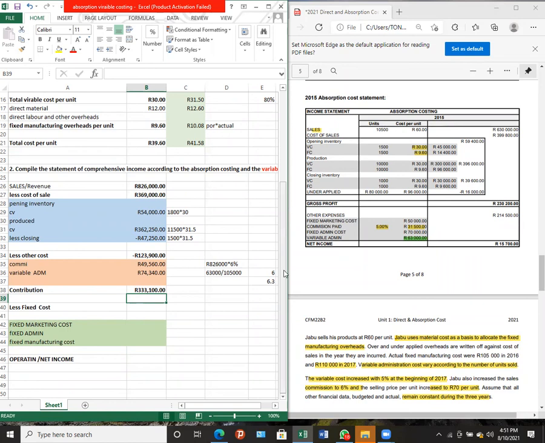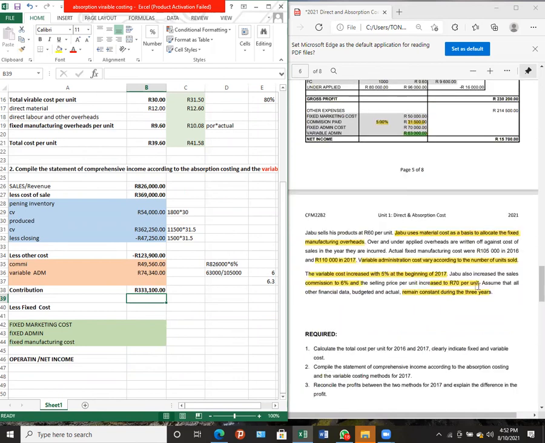Okay. Let's go to the marketing fixed cost, guys. Remember here, assume that all other financial data, budgeted and actual, remain constant. They didn't say anything about the marketing, which means it is still constant. 50,000. And fixed admin, how much? 70,000. Fixed manufacturing overhead, guys.